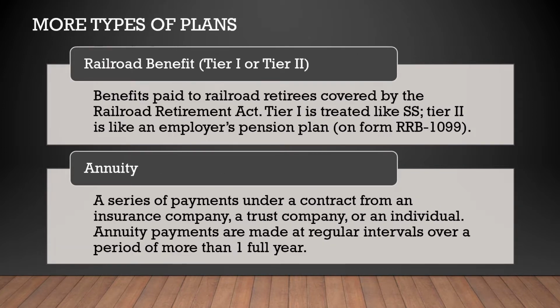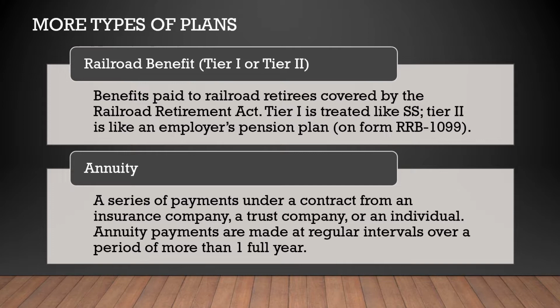Some other types of plans are railroad benefits. There's a Tier 1 or a Tier 2 railroad benefit. Tier 1 is more like Social Security, so we won't be really covering what happens with Tier 1 in this lesson. In our next lesson that covers Social Security, just know that Tier 1 is treated like Social Security.